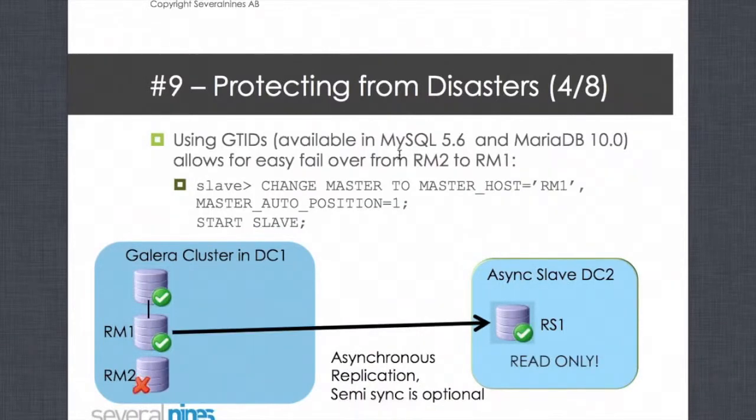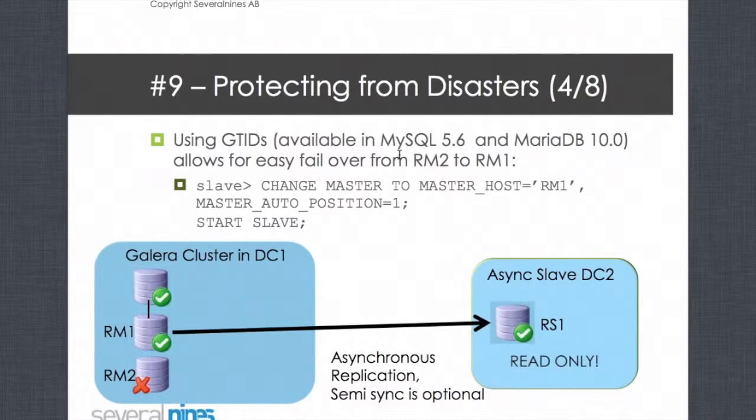If you're using MySQL 5.6 or MariaDB 10.0, then you can use global transaction identifiers, which makes it really, really easy to make a failover from a failed master to another master inside the Galera cluster.